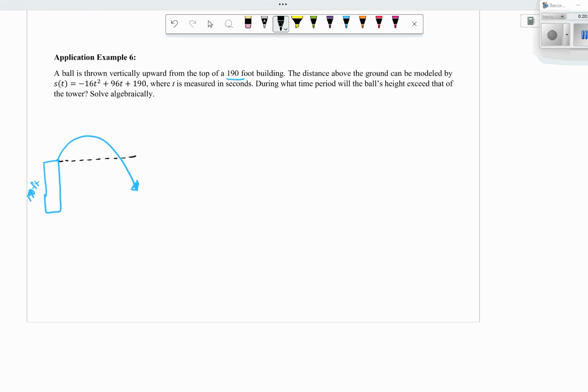So we're going to take our equation, negative 16t squared plus 96t plus 190, and we want this to be greater than 190. So we're going to solve the inequality. So I'm going to set it equal to 0 first by subtracting 190. So that gives us negative 16t squared plus 96t is greater than 0.